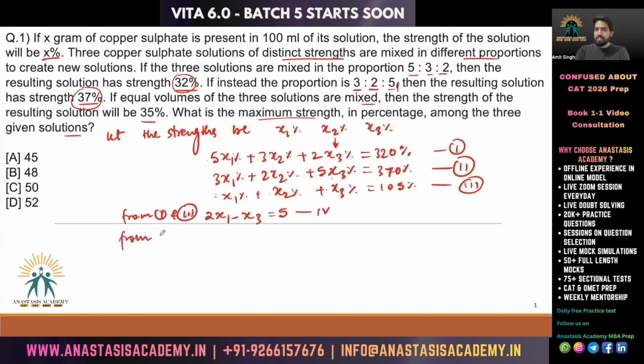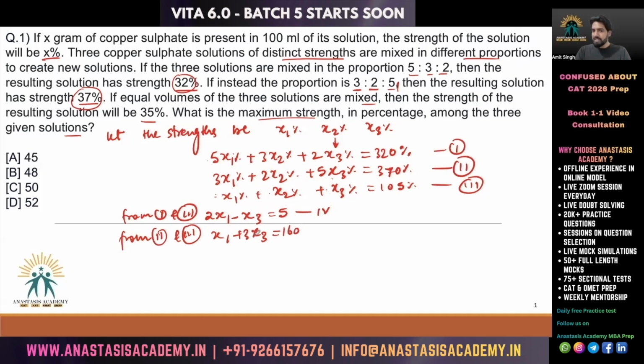And using second and third, I can easily eliminate this x2 variable, because if I multiply it with 2, this gets cancelled out. 3x1 minus 2x1 would be x1, and 5 minus 2 would be 3x3, and that would be equal to, this is 210, so it would be 160.